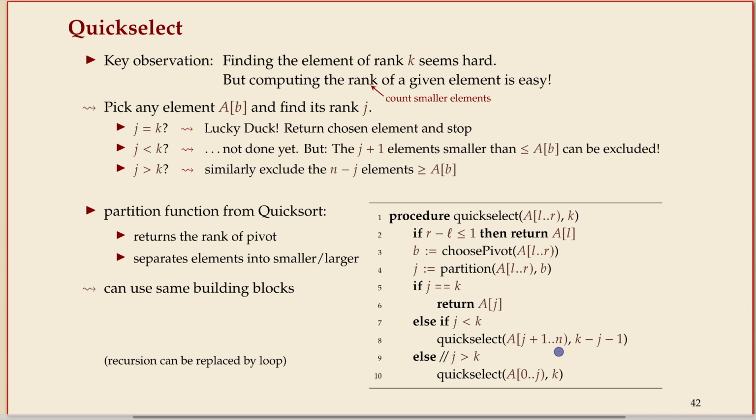It's not necessarily half. Otherwise, we focus on the left part. One small point: if you have to recurse on the right side, you have to adjust the rank that you're looking for, because you're excluding elements. So in the way I formulated the problem here, you have to adjust your rank.